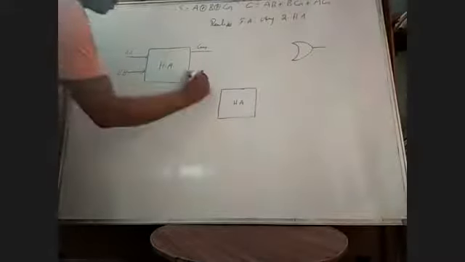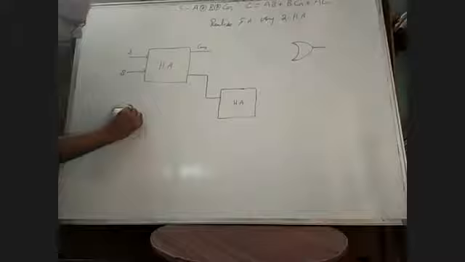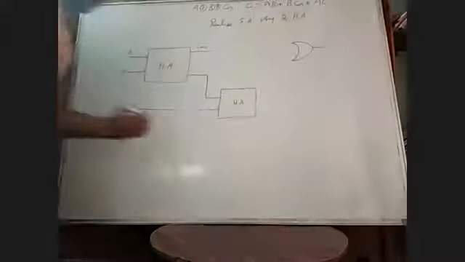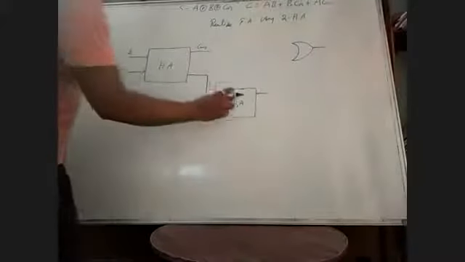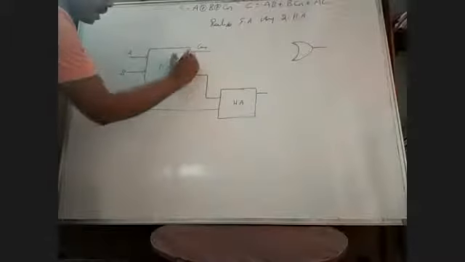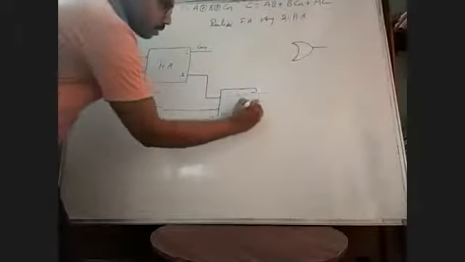I am connecting this sum to this and taking the carry into this. Now this stage, the second half adder, has its own internal carry and sum.